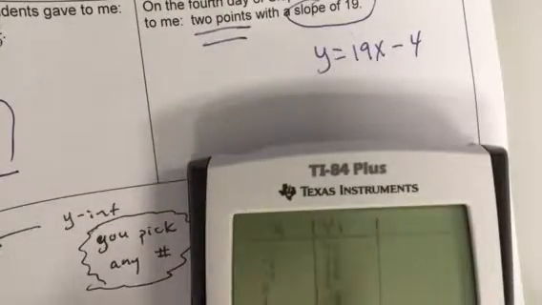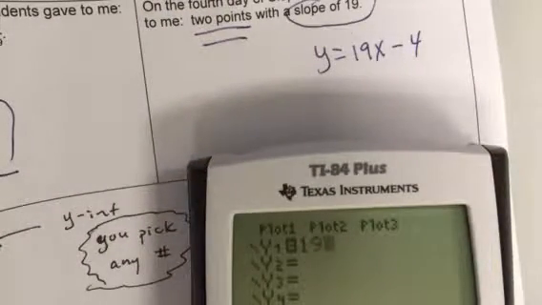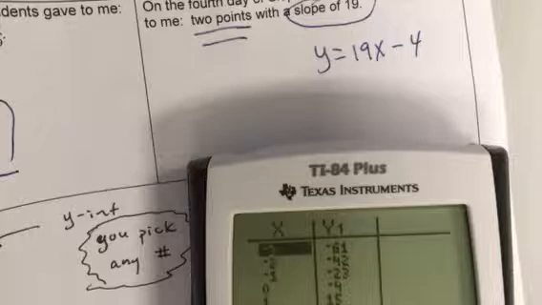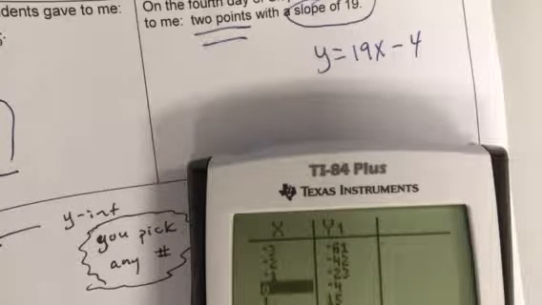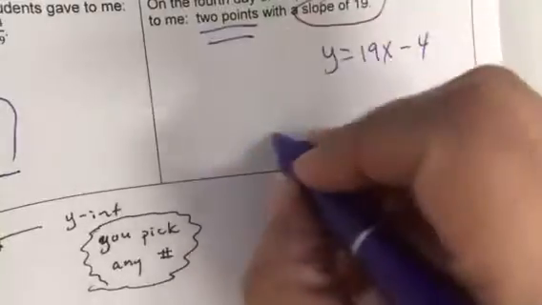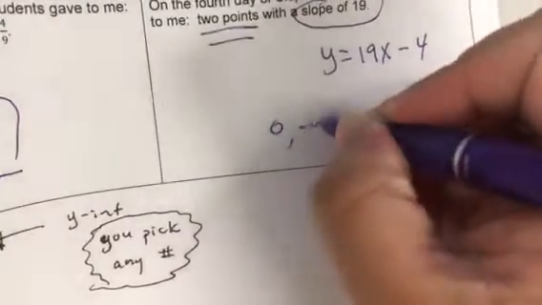So I'm going to let the calculator do it from here. 19x minus 4. Second graph. And just pick any 2 points. I'm going to pick 0, -4, and 1, 15. I could pick any points. But I have to have the 2 points because that's what it said it needed.